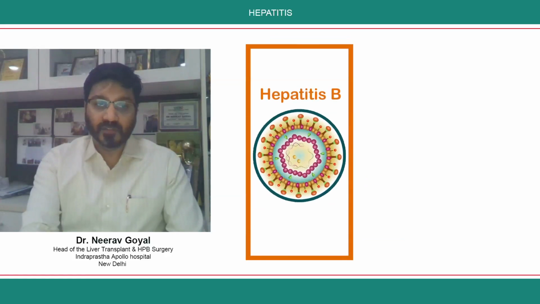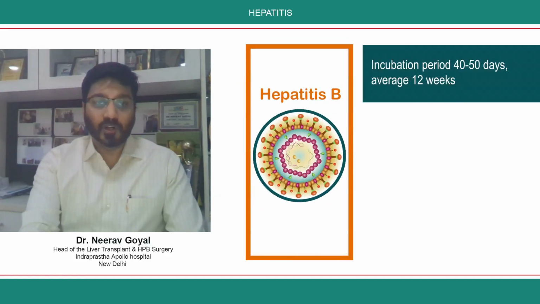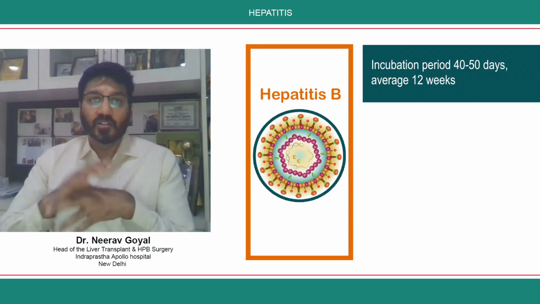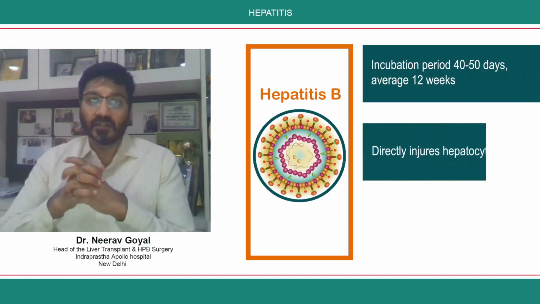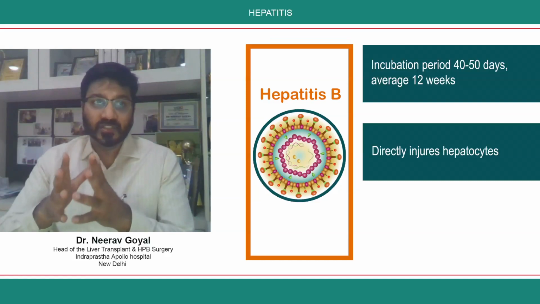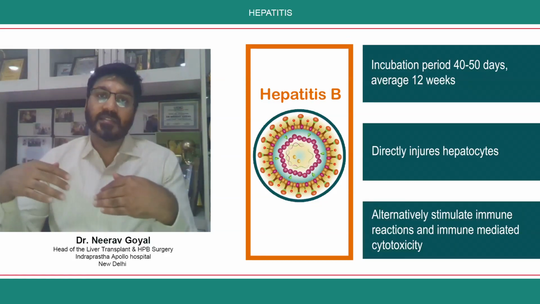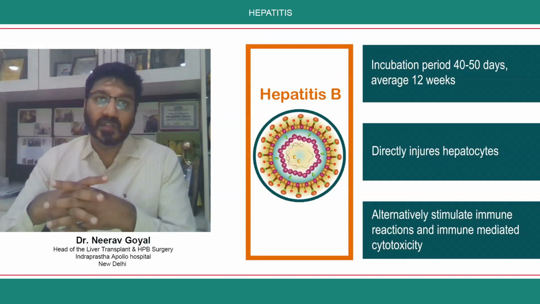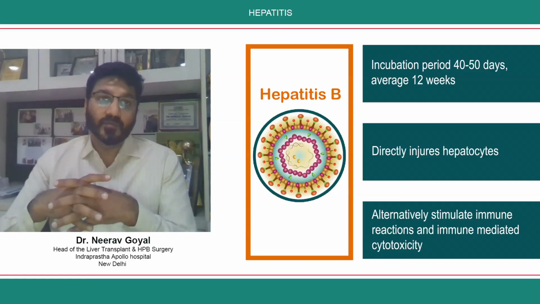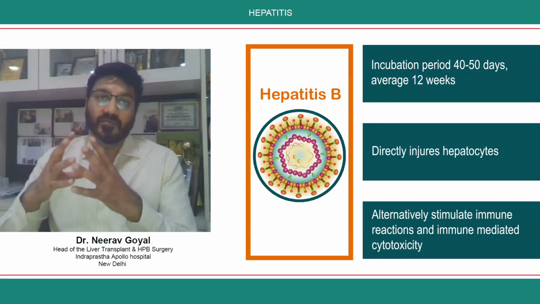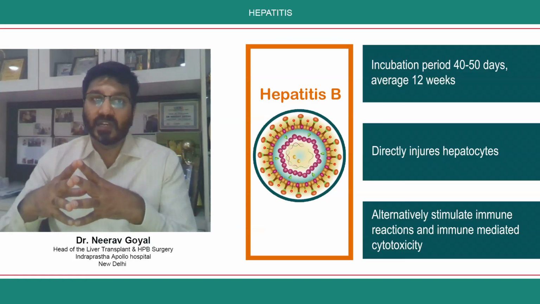The incubation period of hepatitis B virus is 40 to 50 days, and on an average approximately 12 weeks, and it may be directly injurious to the hepatocytes. However, it can also be immune mediated, that is, it stimulates the immune reaction in the body, and immune mediated cytotoxicity plays a predominant role in causing liver damage.